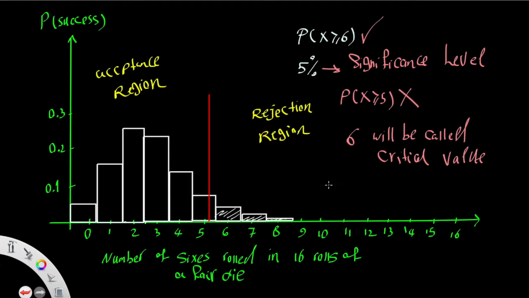As you see, the probability of x equal to or greater than 5 was 11.3%, but the probability of x greater or equal to 6 was 3.78%.